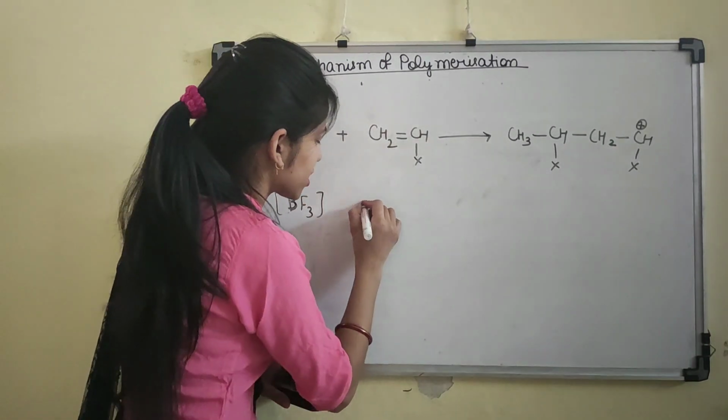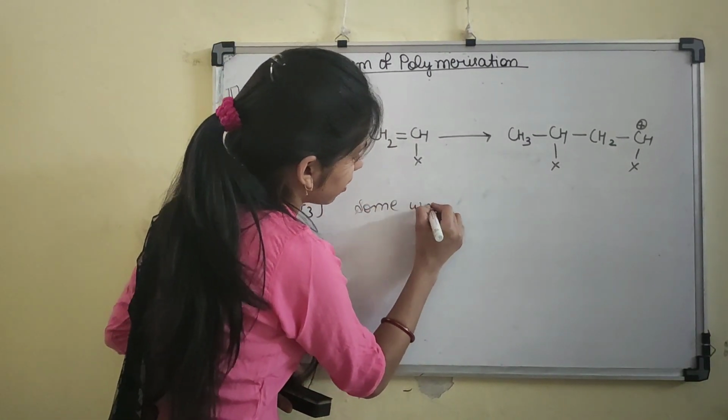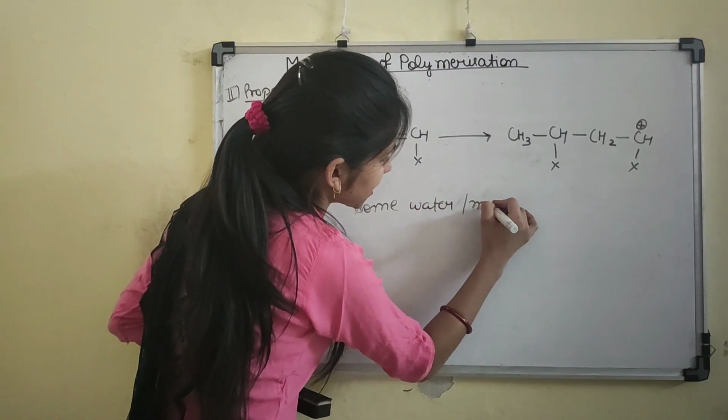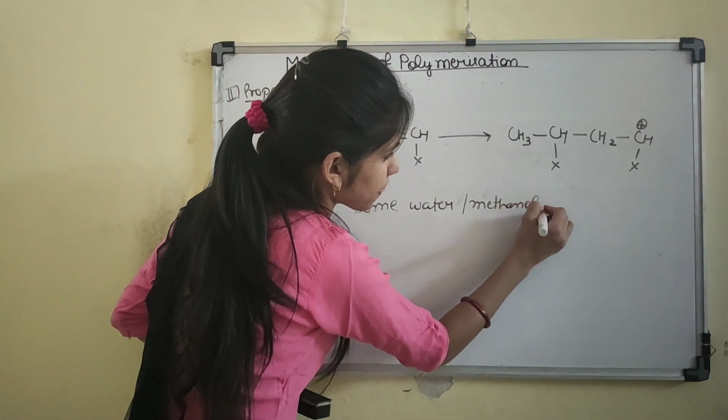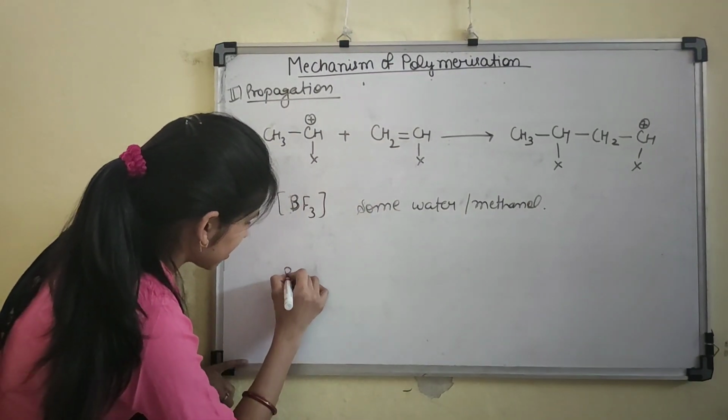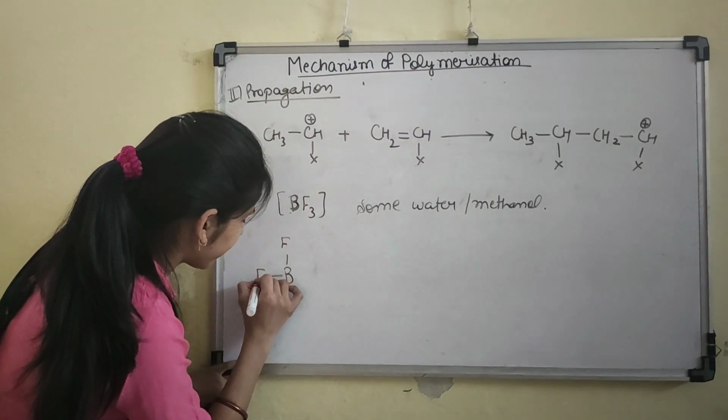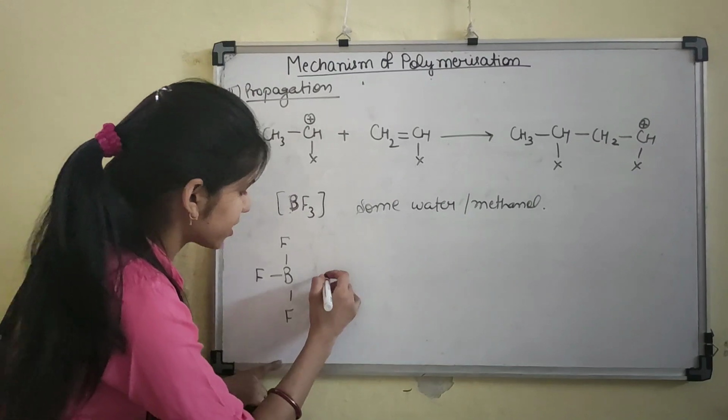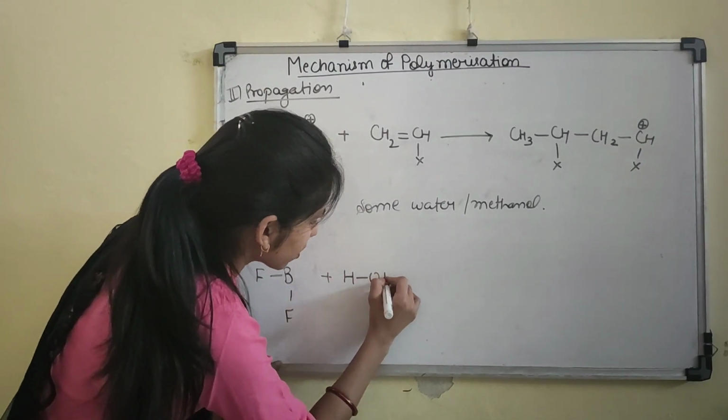Now the reaction, a chain reaction, needs a strong catalyst, that is BF3, acting with some water or methanol. So this is BF3 and this is water.